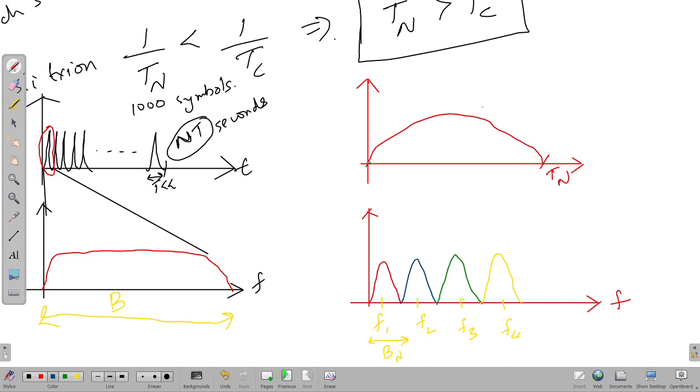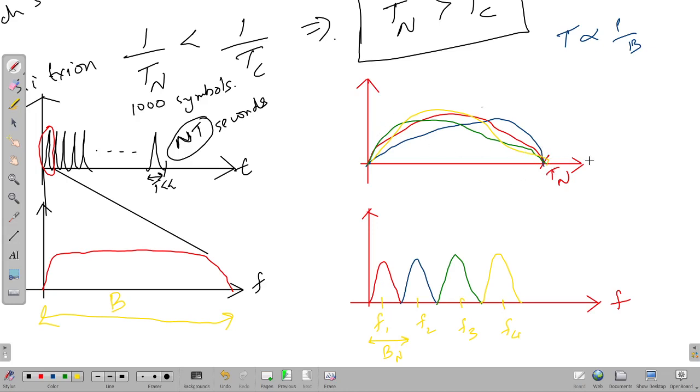That will also consume the same time duration because T is proportional to 1 by B. Then you will have the third substream with the same time duration, and the fourth substream, again with this time duration, right?